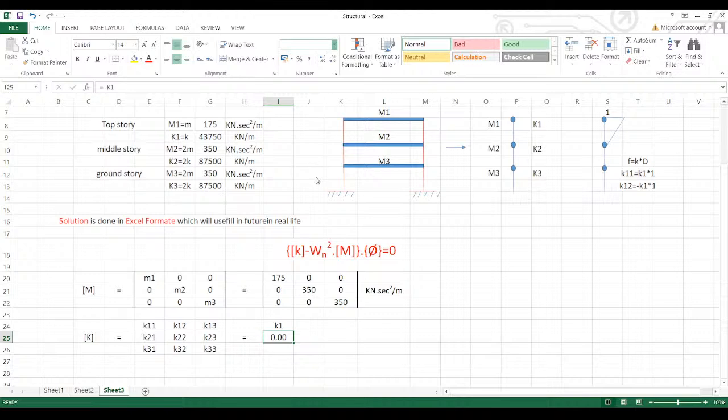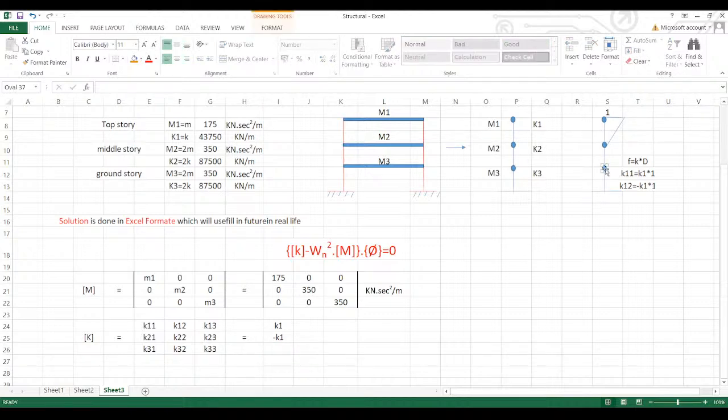Not number, currency, account, short, percentage, time, tax. Minus K1.